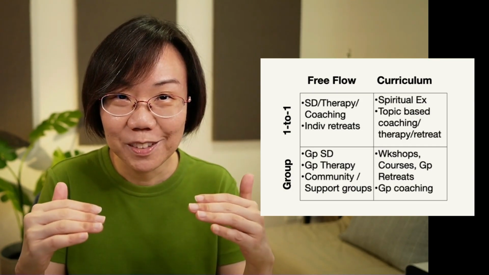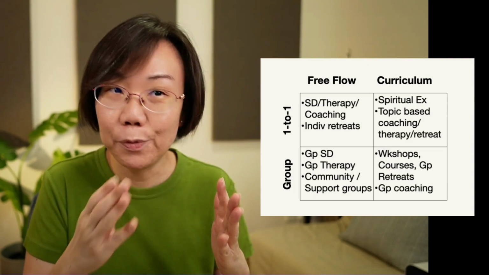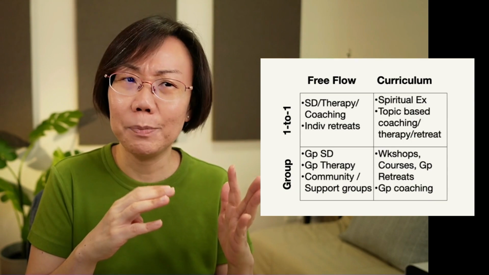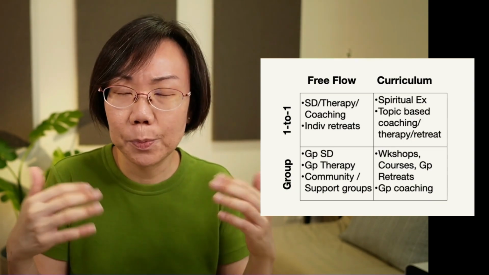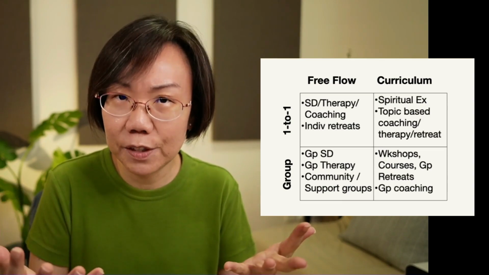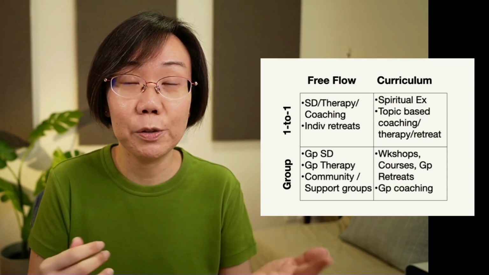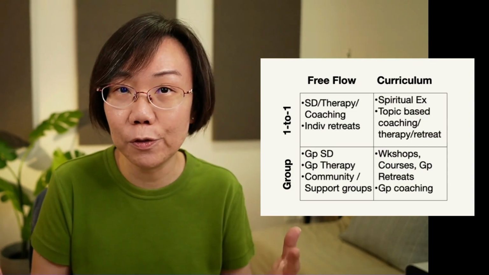On the lower level of the table here on the left, you have group and free flow. While not so common, sometimes people go for group spiritual direction. You have a spiritual director who may be facilitating the conversation, for example. There's group therapy. Or, of course, there could be your communities and your support groups. So that's group and free flow.